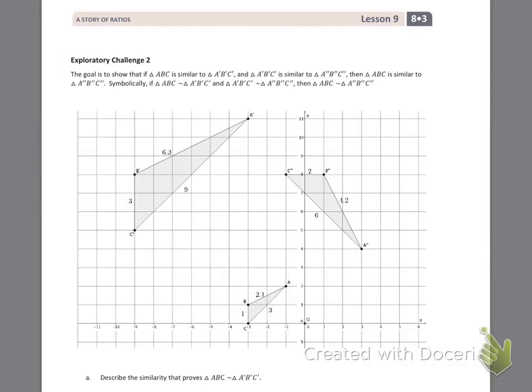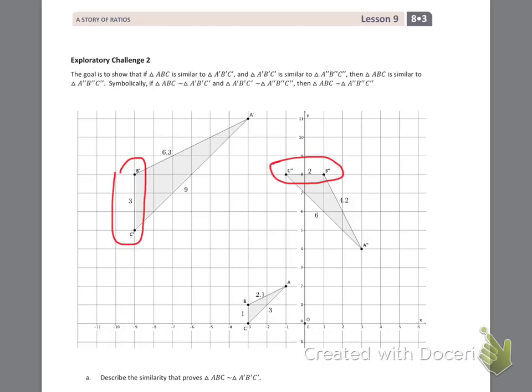Okay, so for this next one, the scale factor is a little trickier. So I'm going to write it out. So my dilated, I'm going to compare B double prime, C double prime segment to BC.